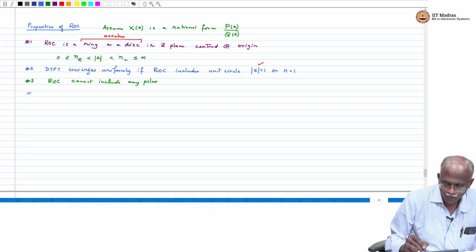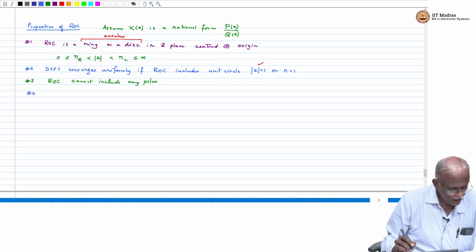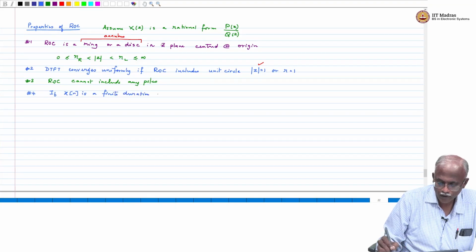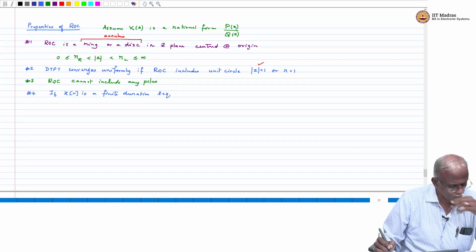Number 4, most of the sequences that we are going to be working with are finite length sequences. So, if x of n is of finite duration, is a finite duration sequence. Okay.